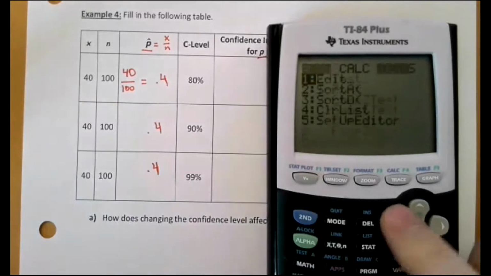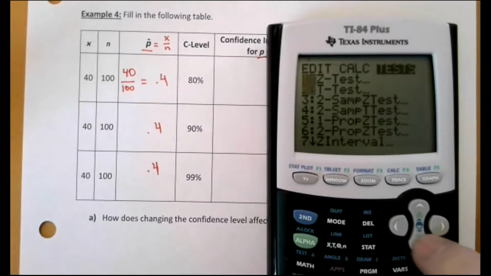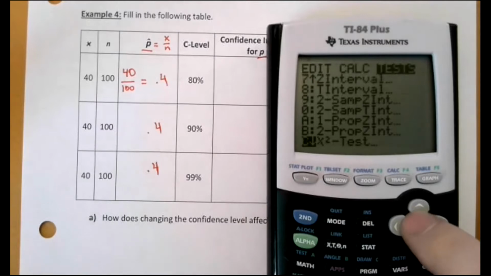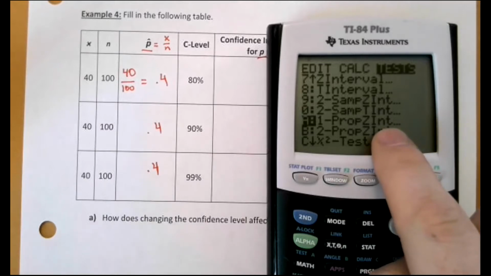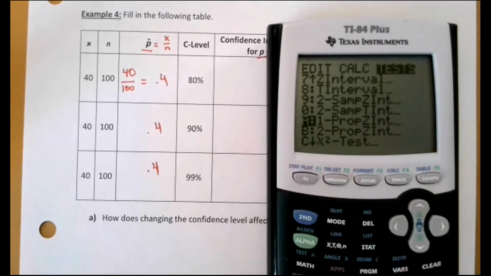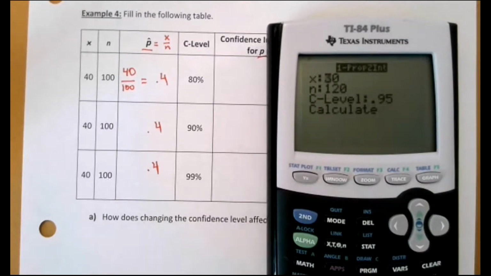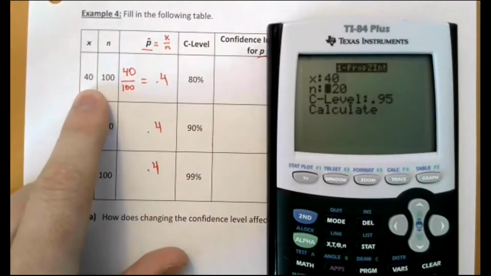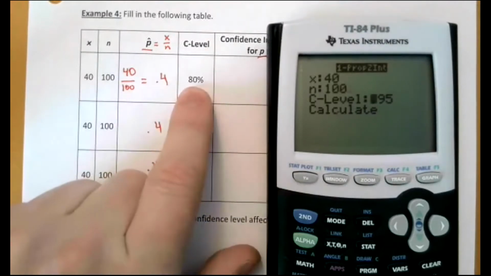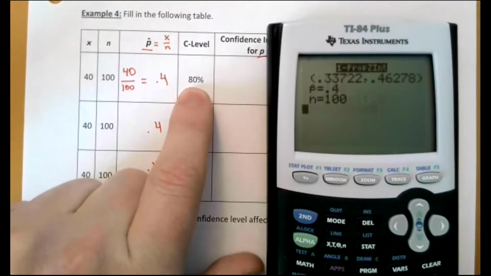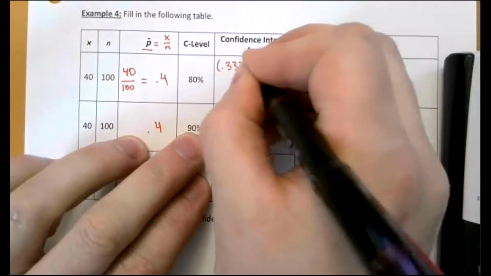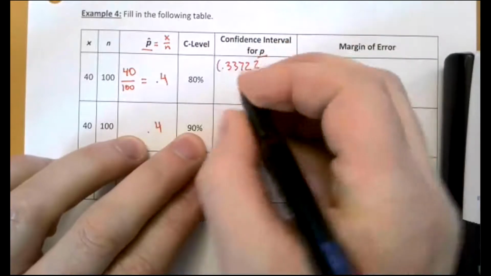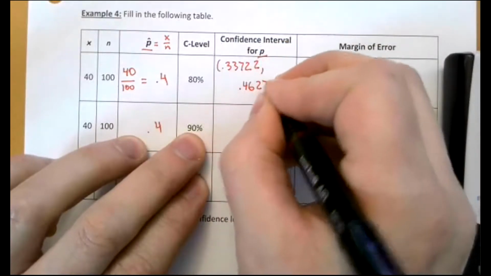Let me remind you which test to use. It's the one proportion Z interval, one prop Z int. So option A in your calculator. And note what you need there is the X, the N, and the C level. So this one is 0.3372, 0.46278.